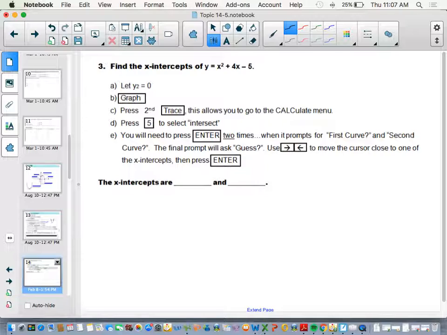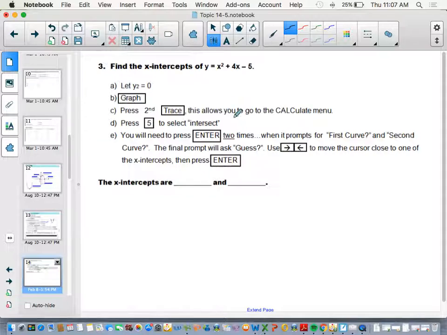So, you put y2 equals 0, and then you're going to press second trace again. And this is going to go to the calculate menu. But here we're going to press intersect, like we did with systems of equations, right?